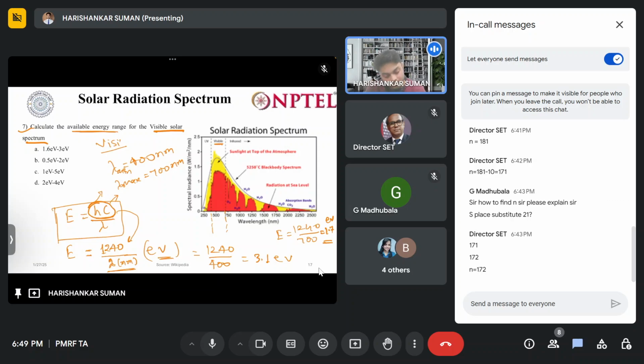So answer A: the maximum is around 3.1 or 3, and the minimum also, if we use 750, let's say, use the correct wavelength.